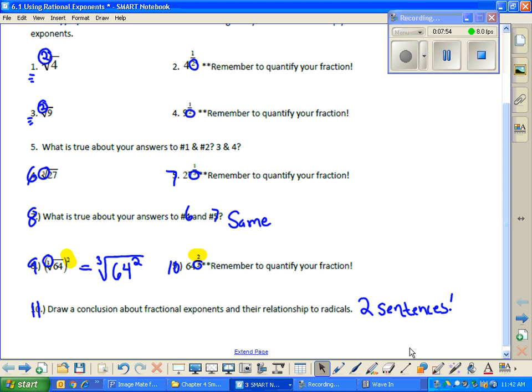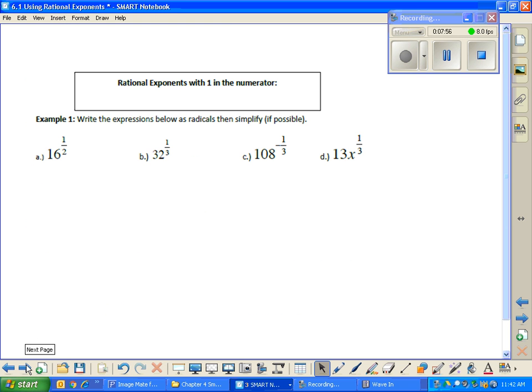Okay, so let's make these rules official, shall we? The first rule that we have is just when, at the beginning of the warm-up today, you had 1 in the numerator. So basically that property says this. If you have a base, we'll call it A, and you raise it to the 1 over n power, that's actually the same as taking the nth root of A. So for instance, you have 16 to the 1/2 power.